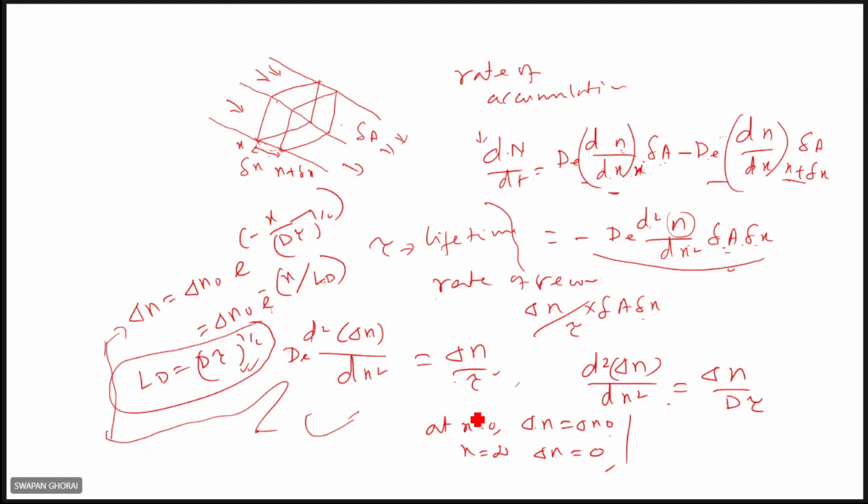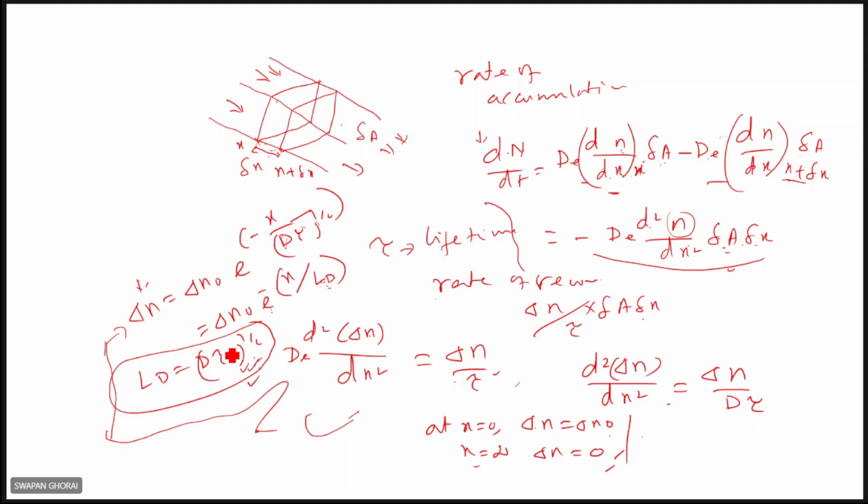And if you solve it with the boundary conditions, x equal to 0, delta n equal to delta n 0, and at x equal to infinity, delta n equal to 0, you'll get delta n equal to delta n 0 e to the power minus x by (D tau) whole to the half. This (D tau) whole to the half is replaced by L_D, that is the diffusion length, L_D equal to (D tau) whole to the half.